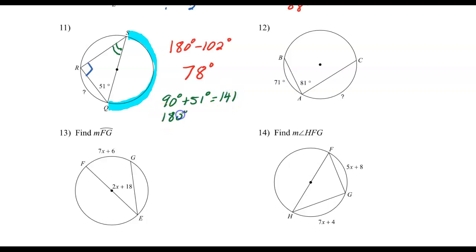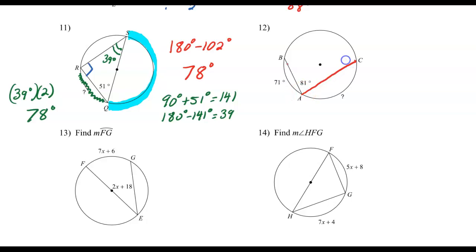They subtracted from 180, since the angles in a triangle add up to 180, and came up with 39. And then to get the green arc, some of your classmates said 39 times 2, which is the same answer, 78 degrees.